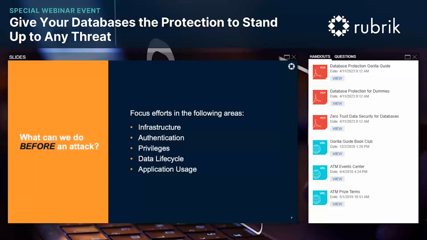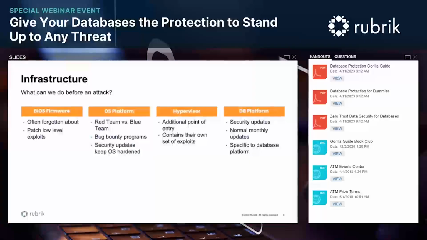So how are we managing that design and usage?